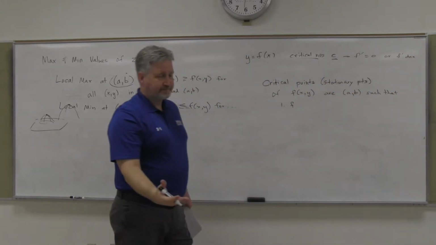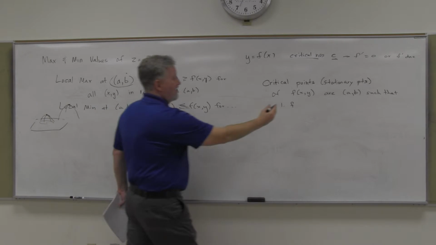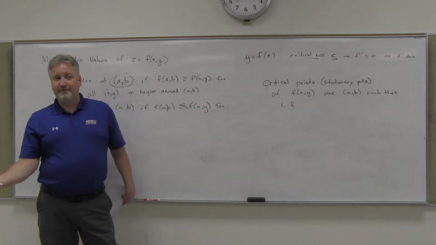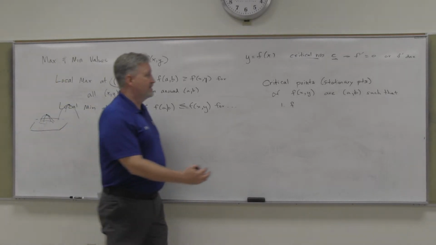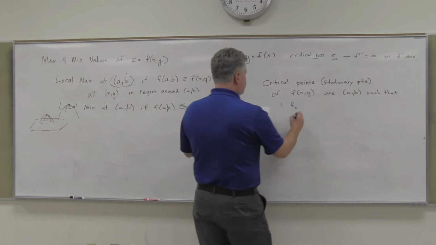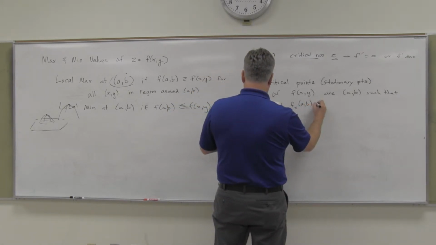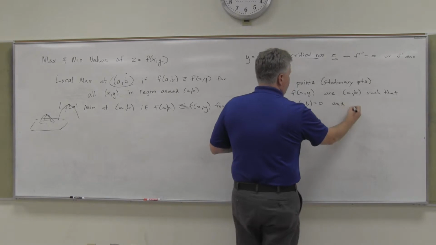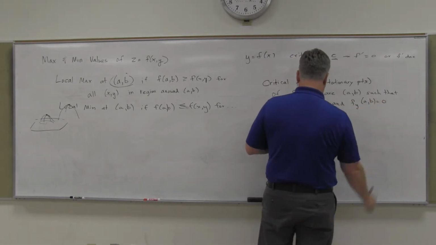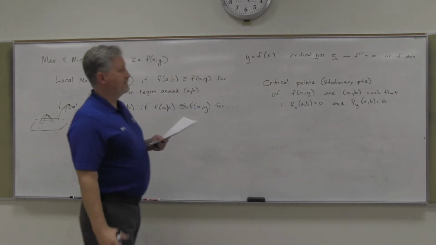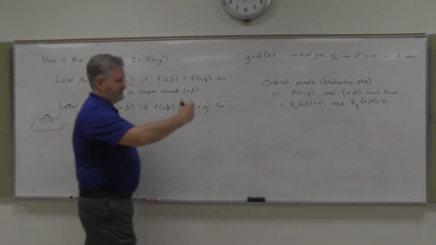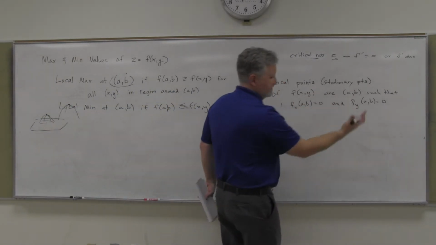Now when we talk about this, we have two partial derivatives to consider. So we'll have to have the partial of f with respect to x at a, b equals 0, and the partial with respect to y at a, b equals 0. So we have to have both of them equal to 0. You just have to find two partial derivatives and set those equal to 0.